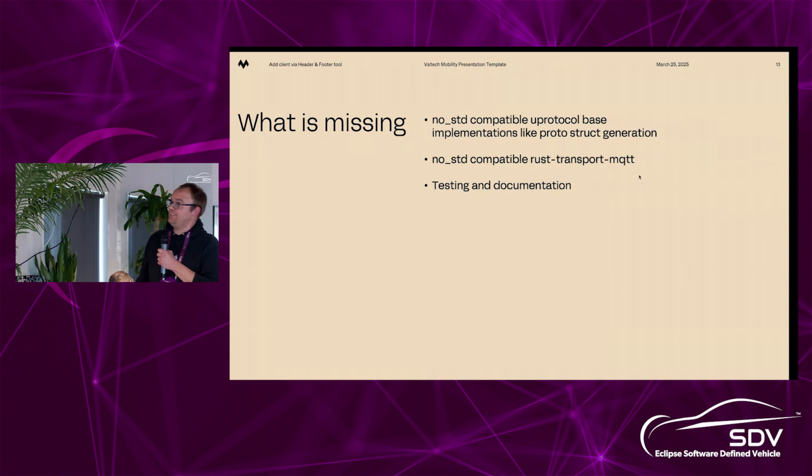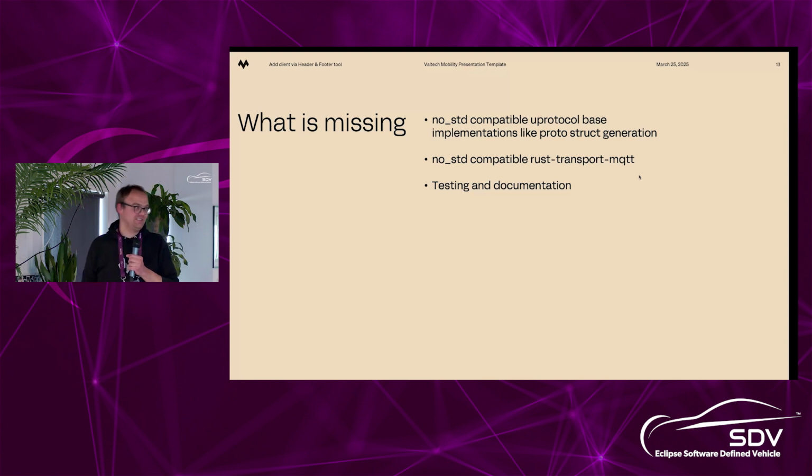So what is missing? What I talked about, these no_std compatible base structures. There is no complete no_std compatible Rust MQTT transport available, not fully. And since I'm not an embedded guy, I need help. I would need help on how to actually test it. Since it is small, I can just flash it on the device and test it.